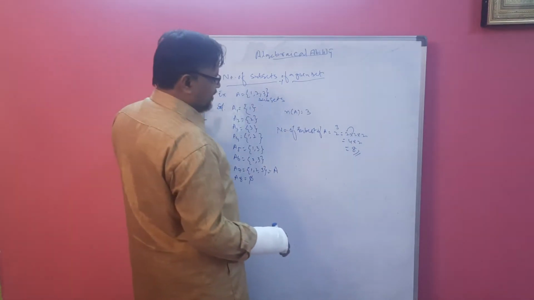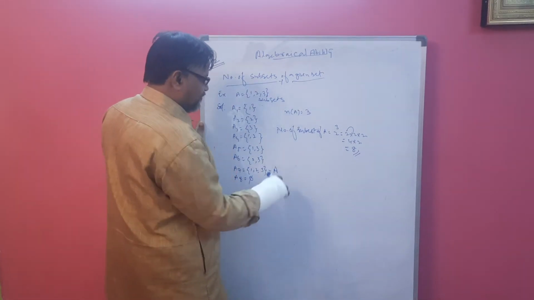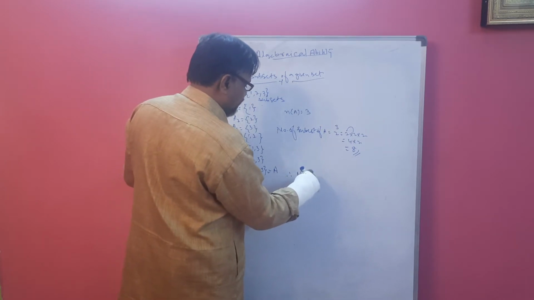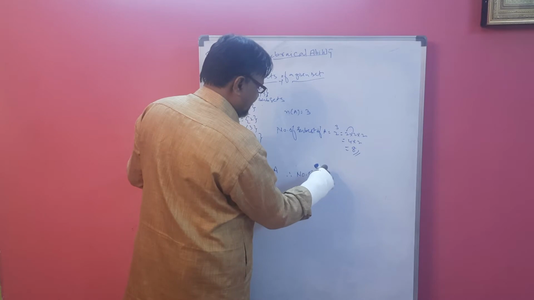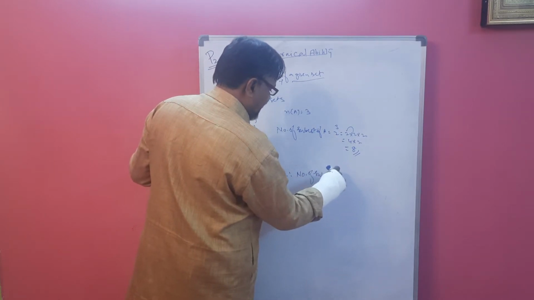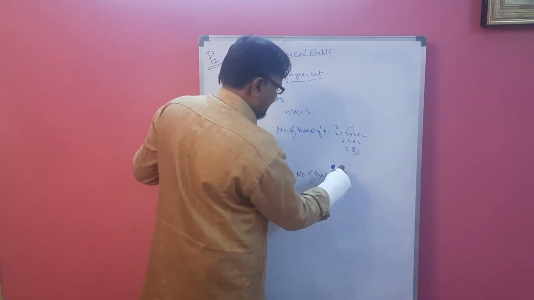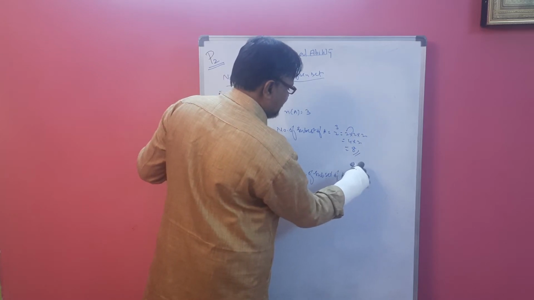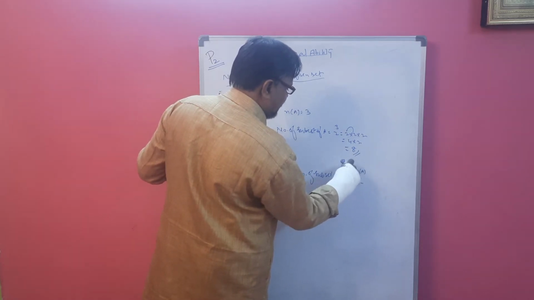If 4 elements are there, it is 2 to the power of 4. So we can say that the number of subsets of any set A is 2 to the power of its cardinality. Here you have to write the cardinality.